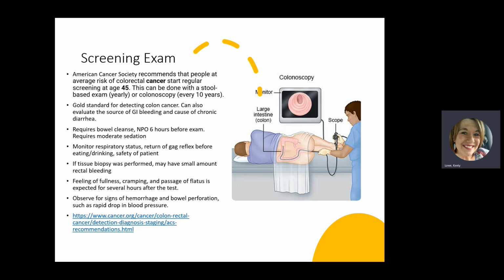With a colonoscopy, we said that screening should start at age 45. And with that screening, you can either do a stool exam. They even have Cologuard and some of those things that are in commercials now, where they send you a little kit and you take a sample of your stool and send it to them. They can test for blood.